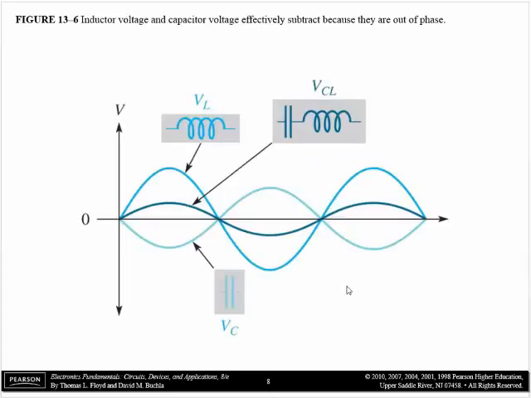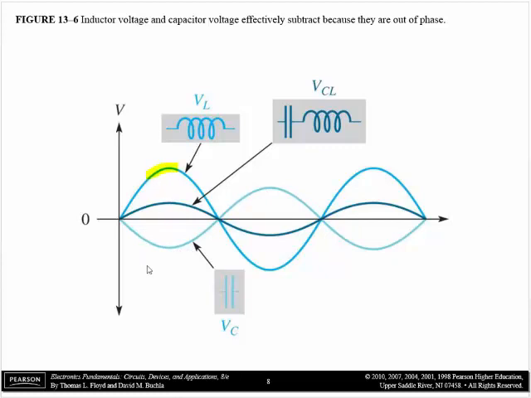Here it is drawn like you would see it on the oscilloscope. So this top brightest blue line here is the voltage in the inductor, but the voltage in the capacitor, if you were to look at it at the same time on the oscilloscope, is 180 degrees out of phase with it. Let me highlight it.